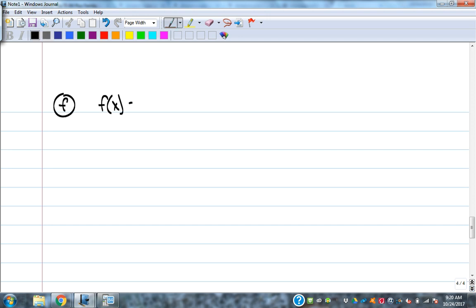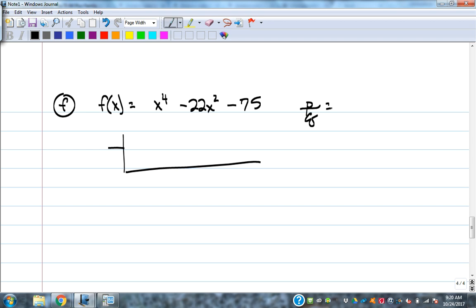f of x is equal to x to the fourth minus 22x squared minus 75. P over Q. This one's easier because we only have the factors of 75.